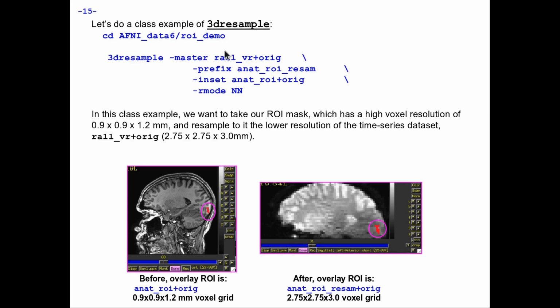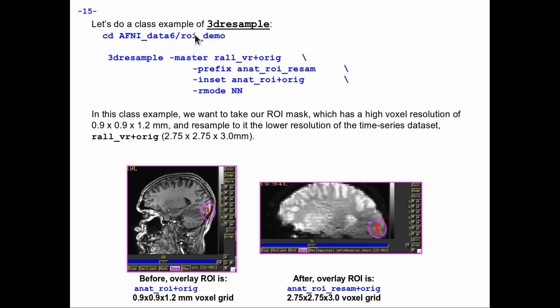So here's an example using 3dresample. Here we've drawn an ROI on the high resolution data set, and then we resample it to our low resolution data set. And it looks a little bit different. Some things are different because the grids are slightly different between these two data sets. In resolution and in location, they're slightly shifted from each other too. Okay, this is the command that we use. This is exactly the same as the one before.